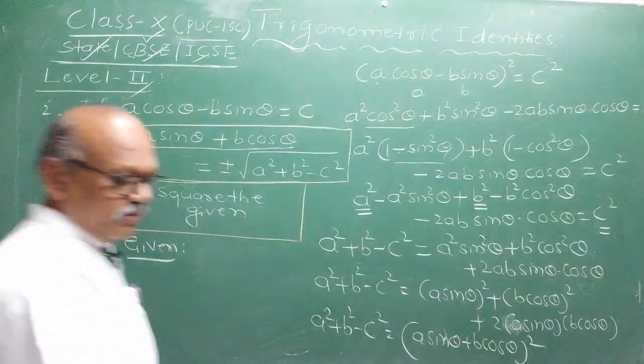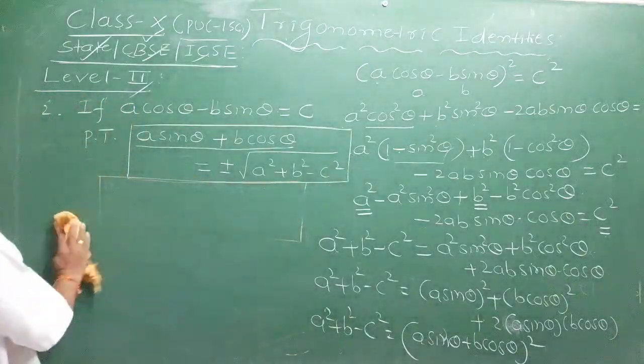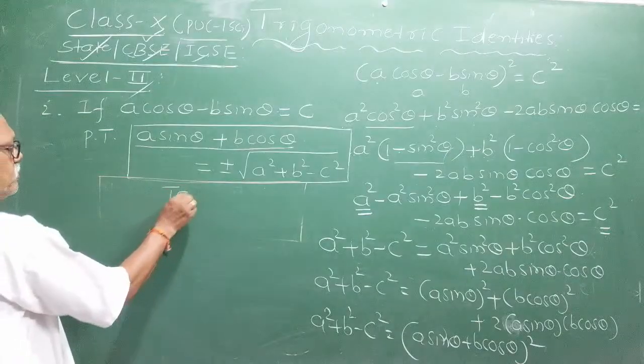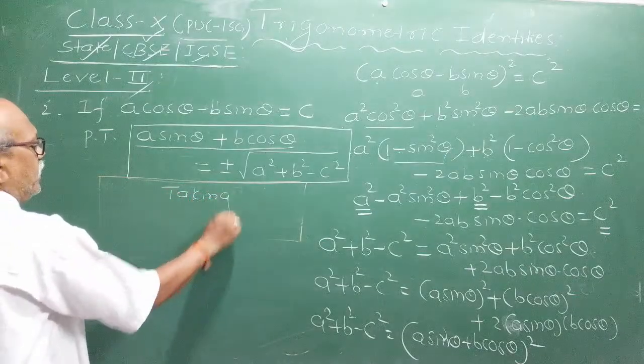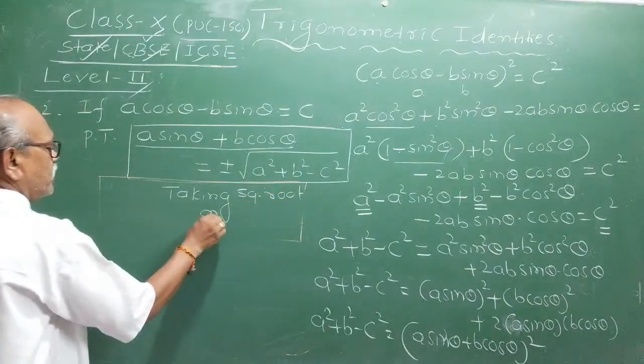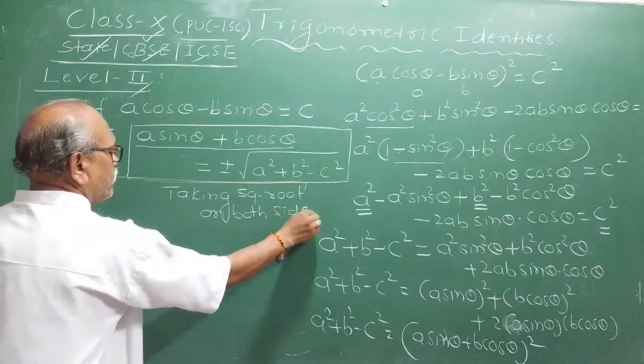Are you getting me? Now you take square root on both sides, you will get the answer asked to you. Taking square root on both sides. What do you get here?